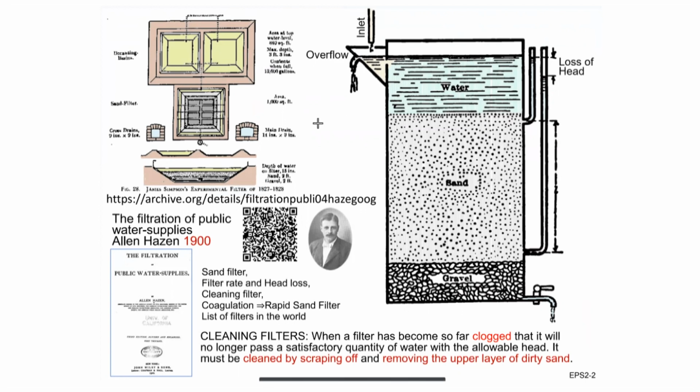Sometimes this flow contains turbid matter that easily clogs and accumulates on the sand surface, and the filter resistance increases. This filter resistance is indicated by the headloss. We call it headloss.